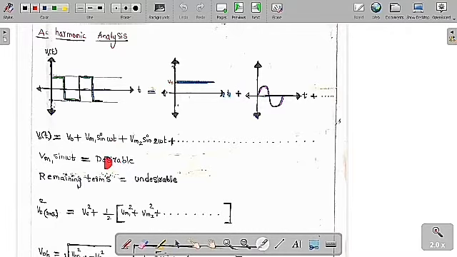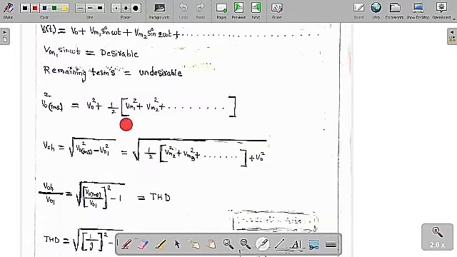Only the first frequency term, Vm1 sin omega t, is desirable and all the remaining terms are undesirable terms. So if you want to find the RMS value of the output signal, V naught RMS square is equal to V naught square plus half of Vm1 square plus Vm2 square up to the number of terms which are present.